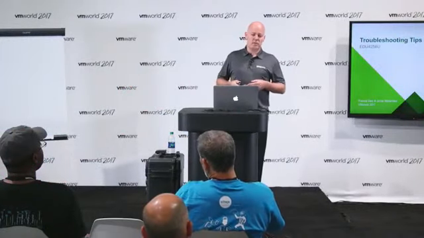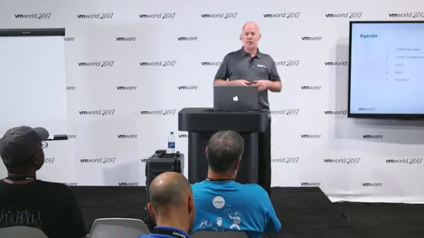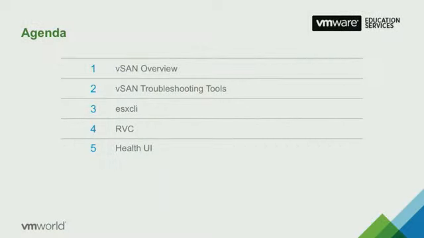So what we're going to do today is we're going to talk about a few different things. Here's our disclaimer, we're not going to talk about that. But what we are going to talk about is a VSAN overview. We will take a look at the architecture, what some of the requirements are, and what some of the best practices are. Okay.